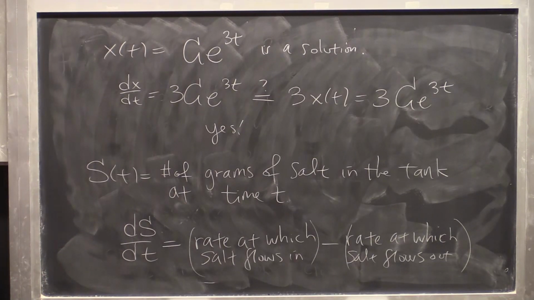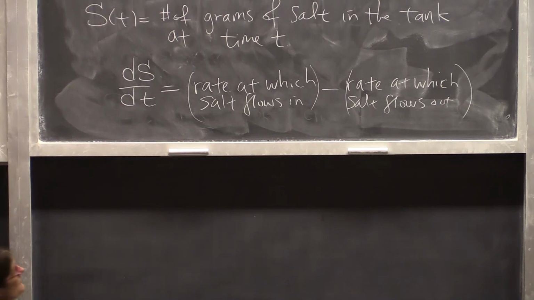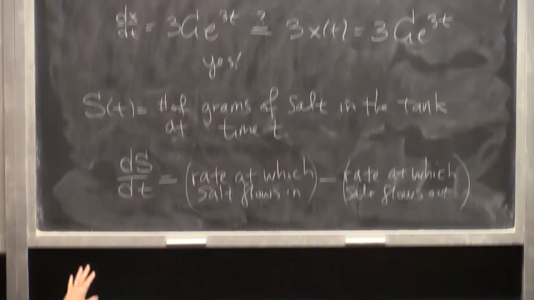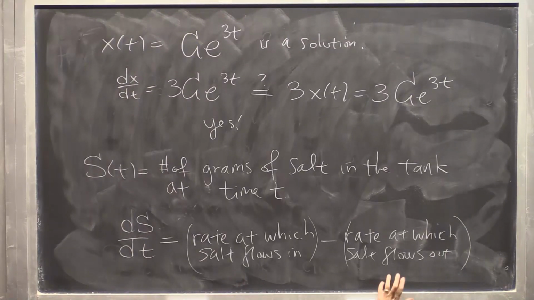If the salt is changing in the tank, it's because salt came in and because salt came out. In this case, salt doesn't come in, but this is true in general. So all we need if we want to write down a differential equation for the amount of salt is to figure out the rate at which salt flows in and the rate at which salt flows out.